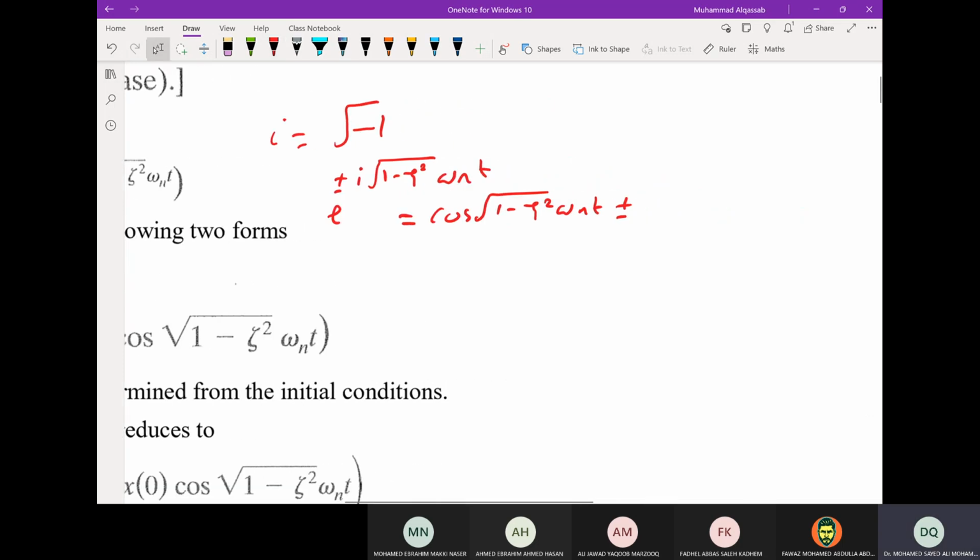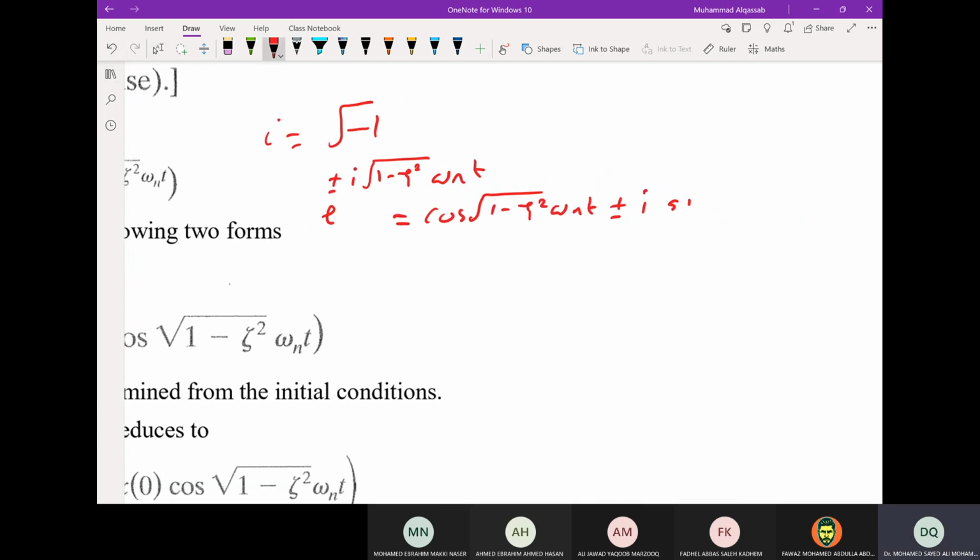If it is negative, we have subtraction, i multiplied by sine of square root of 1 minus zeta squared omega n t. This is the argument of cosine and sine, which shows they are the same.